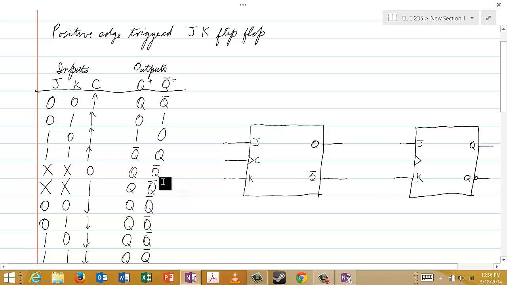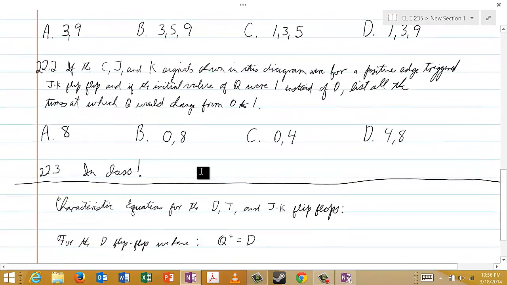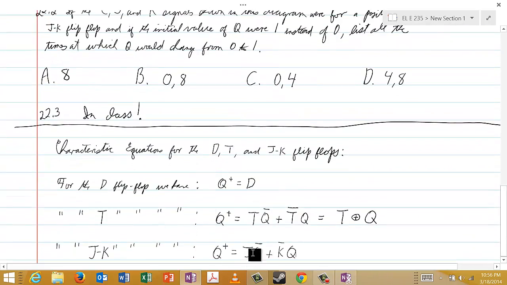Now, what about the next case? The next case will be 1, 0. J is 1, K is 0. And in that case, the next value of Q will be 1. Well, let's see if that works out. If J is 1 and K is 0, well, if J is 1, this first term, 1 ANDed with Q complement, is Q complement. So the first term becomes Q complement.